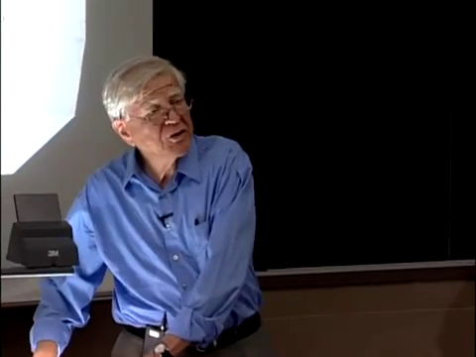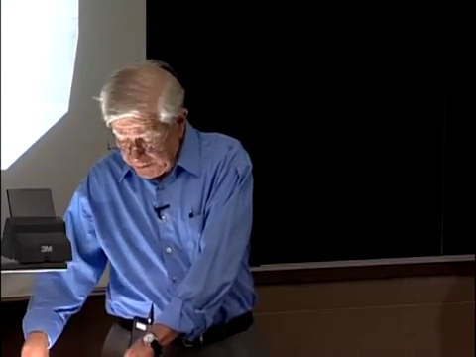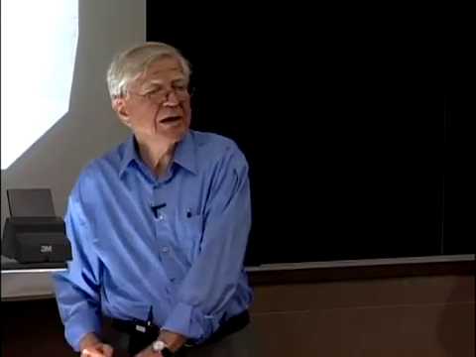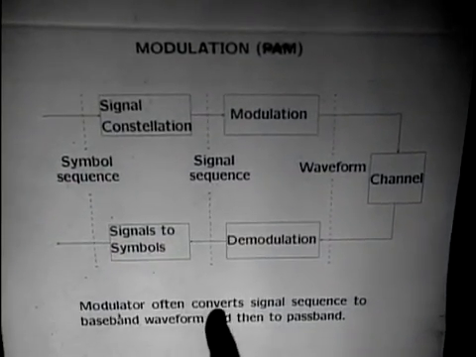When we talk about signals, we're talking about numerical values. So in fact, you could have a signal constellation with 2 elements in it, where what you're doing is mapping 1 and 0 into +1 and -1.